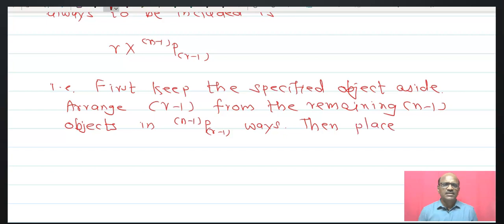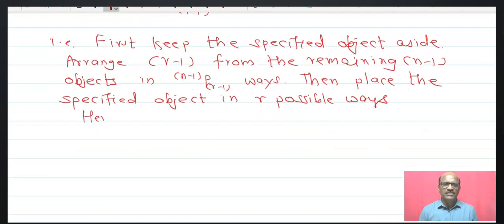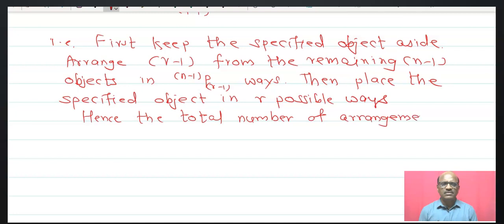Then place the specified object in r possible ways. Hence, the total number of arrangements is r into (n minus 1) P (r minus 1).